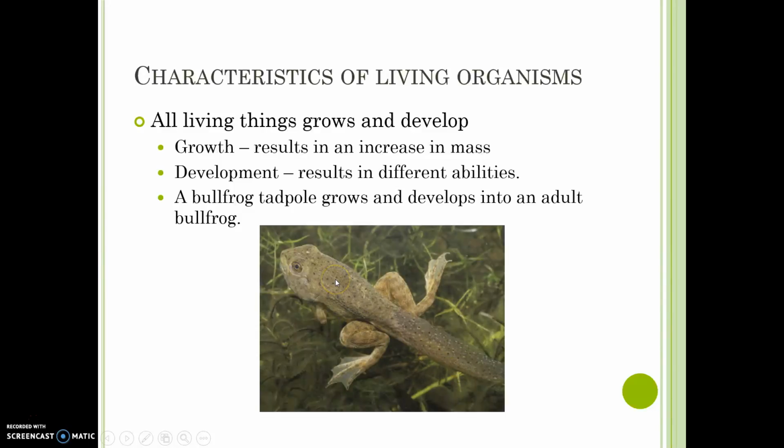And the tadpole looks very different from a big bullfrog. The tadpole loses its tail, its gills change into lungs, and the legs are formed. So those are all development: it's changing and forming different abilities.